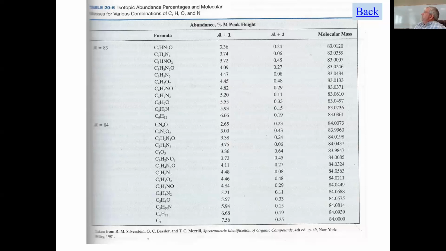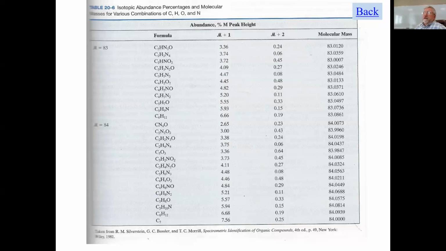Well, they're actually the lowest, usually the smallest mass isotope. You have carbon 12, which is 12. And so notice that there are about 12 compounds or empirical formulas or molecular formulas that have exactly that nominal mass.